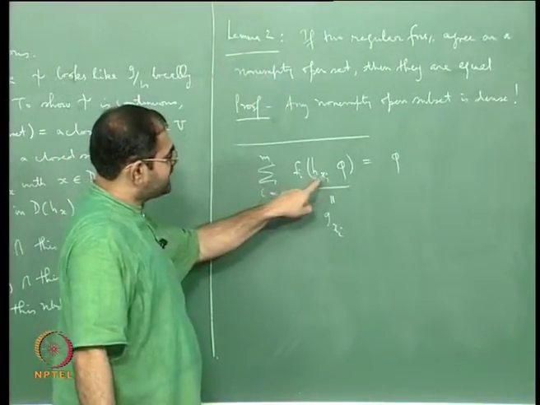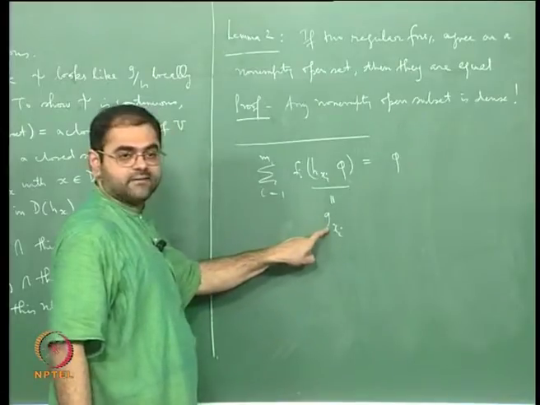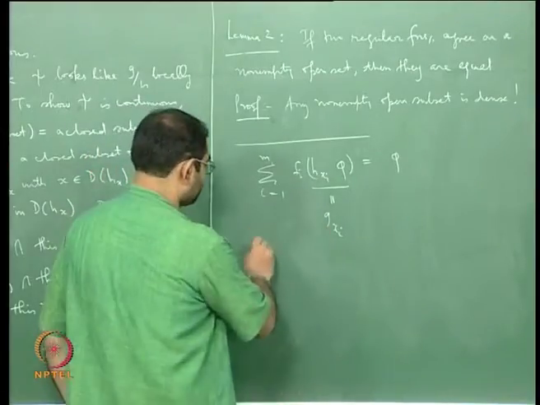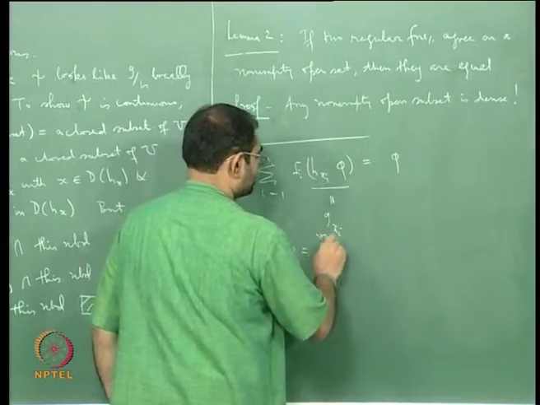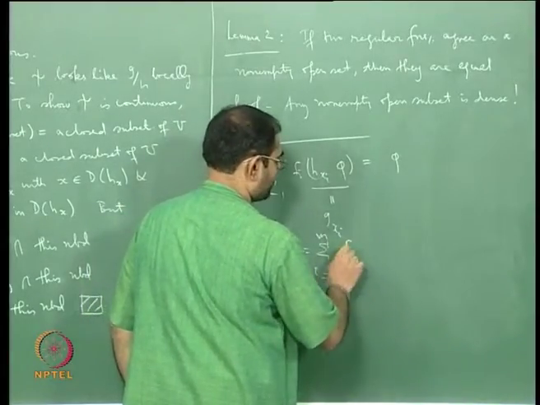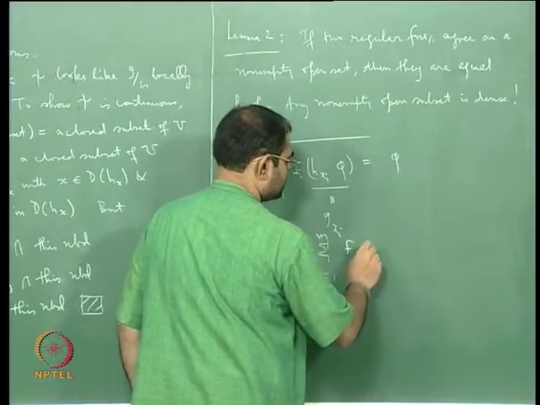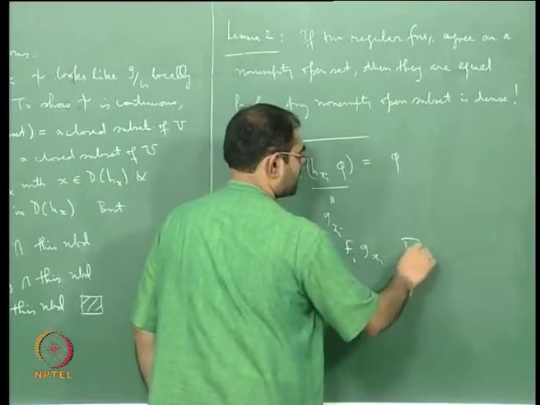Therefore I can replace h_xi times phi by g_xi everywhere. So what this will tell you is that phi is actually sigma i equal to 1 to m f_i g_xi, and that is the end of the proof.